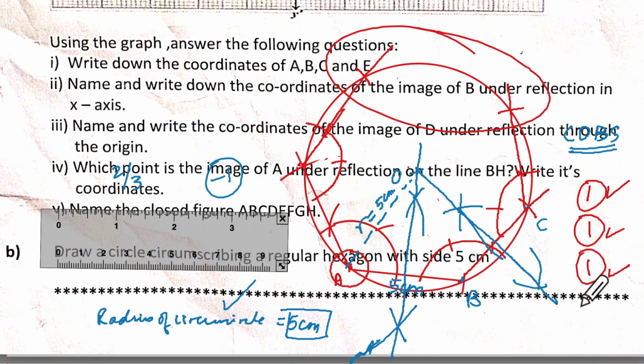That is included in that. Where can you give now? For the hexagon 2 marks, and for the circle 2 marks. Fine. Hexagon 2 marks and circle 2 marks.